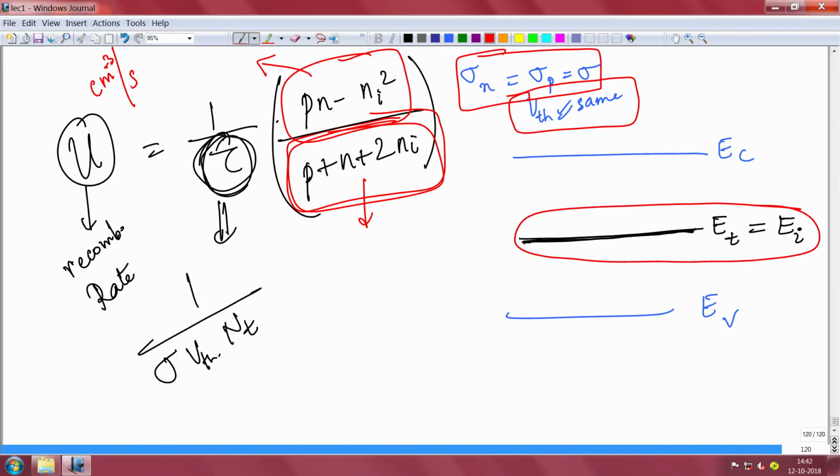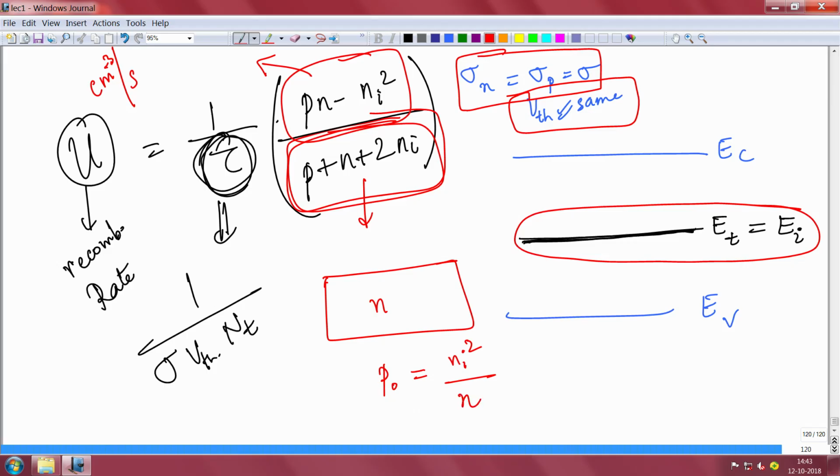Suppose I take a moderately n type doped semiconductor and I am shining light, generating some carriers. In equilibrium the hole concentration will be p naught, which is Ni square by n.